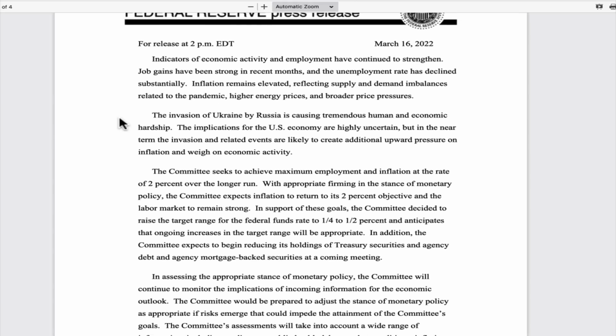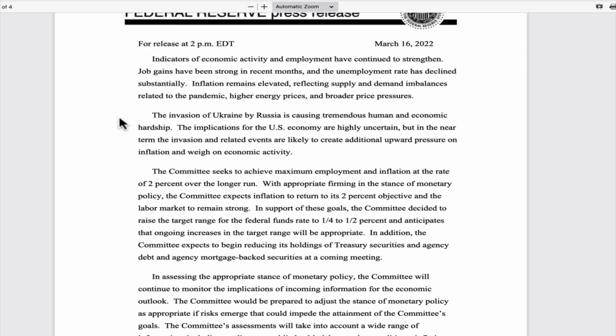The invasion of Ukraine by Russia is causing tremendous human and economic hardship. The implications for the U.S. economy are highly uncertain, but in the near term, the invasion and related events are likely to create additional upward pressure on inflation and weigh on economic activity.